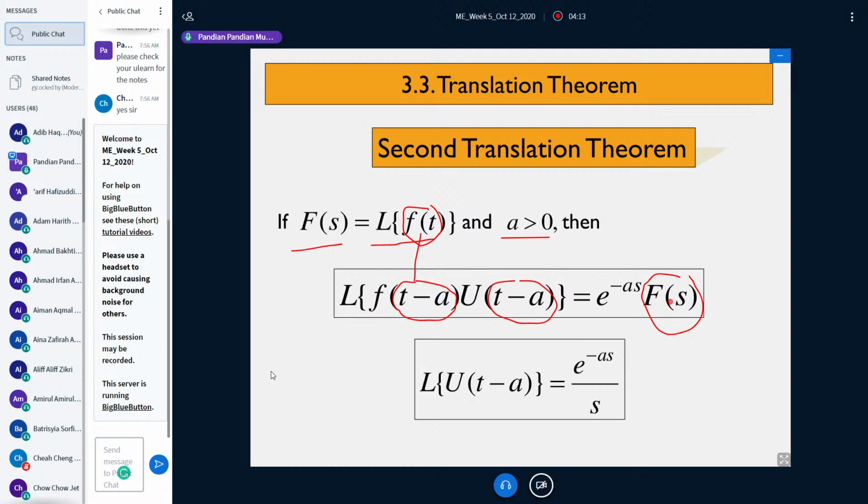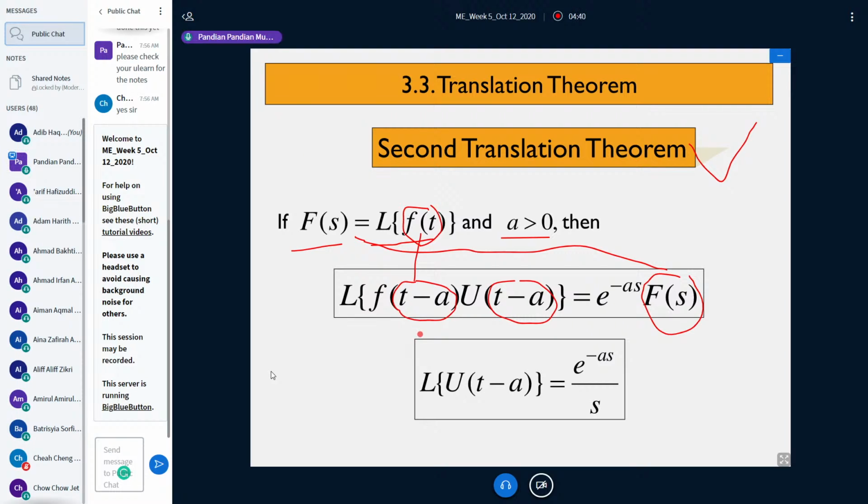What is F(s)? F(s) is Laplace of f(t), this one. But here there is f(t minus a. It doesn't mean that it is Laplace of f multiplied by Laplace of u. No, it's not like that, because this one is defined. This is the theorem. The second translation theorem, you must refer to the first translation theorem.